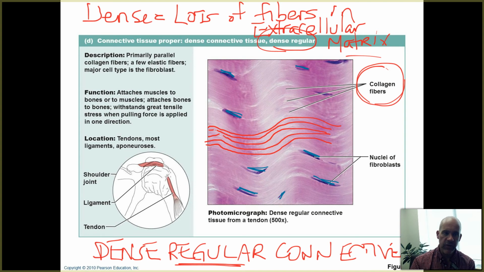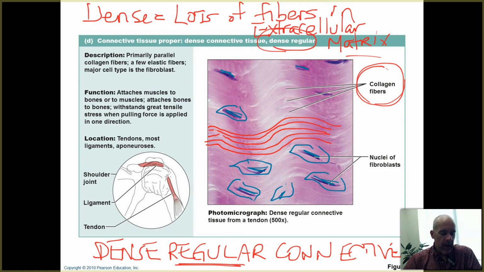All right, so in these tissues, you've got to have fibroblasts because fibroblasts make all that collagen. They're the cells that manufacture all that stuff, and then they secrete it into the extracellular matrix that surrounds them. And you can't see the borders of the cell because the borders of these cells actually blend in with the collagen fibers because the cytoplasm of those cells actually also looks pink like the fibers do.